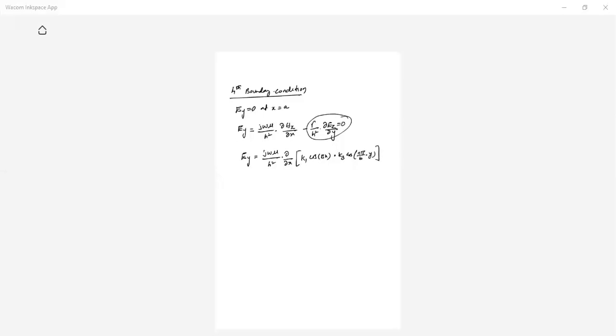Now it is the partial derivative with respect to x, so j omega mu by h square into minus b into k1 sin bx into k3 cos n pi by b into y.